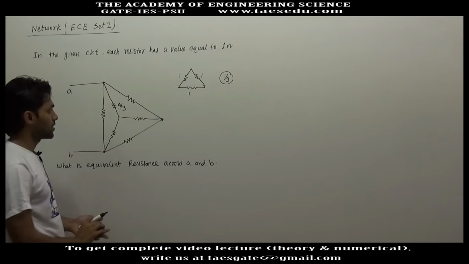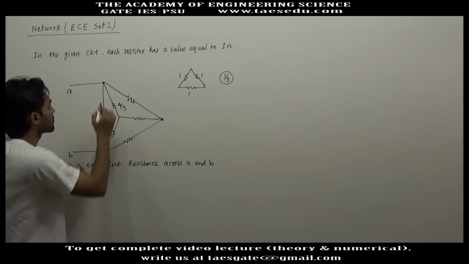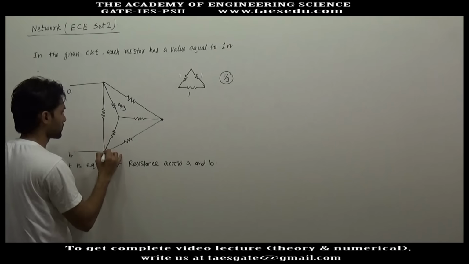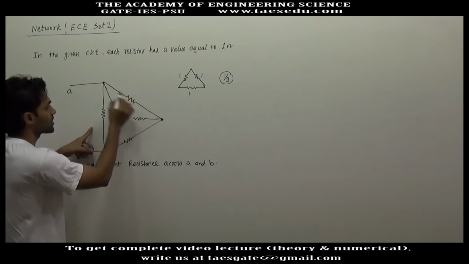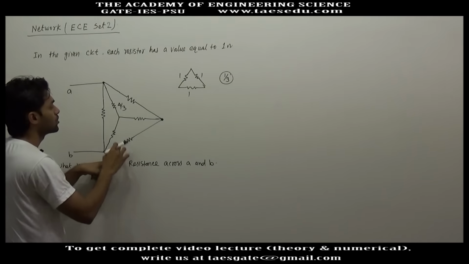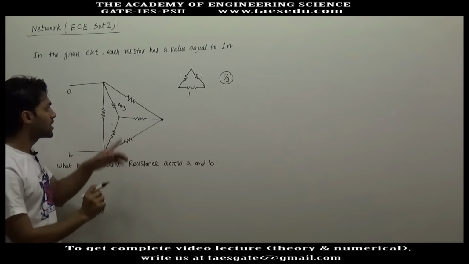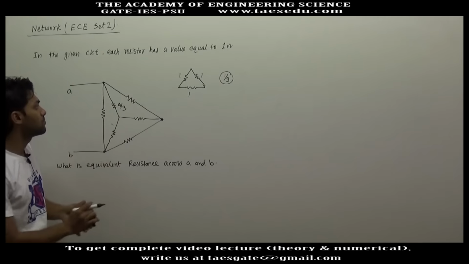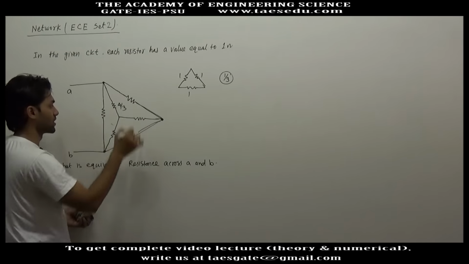So after conversion, the equivalent resistances will be connected across these three terminals, and the resistances in the outermost triangle are also connected across these three terminals only. So after conversion of this star connection, the equivalent resistances will be in parallel to the resistances connected in the outermost triangle.